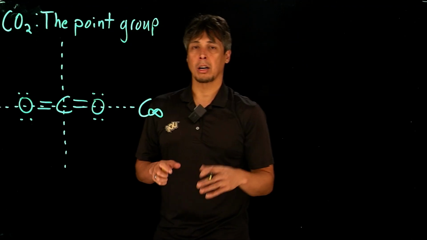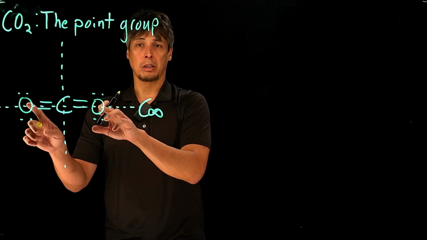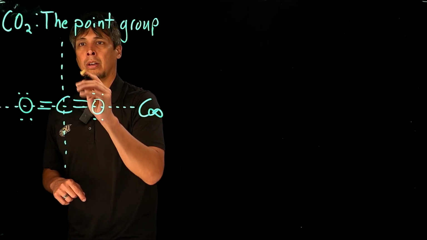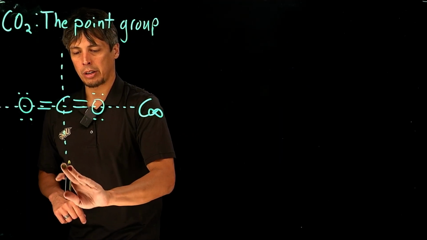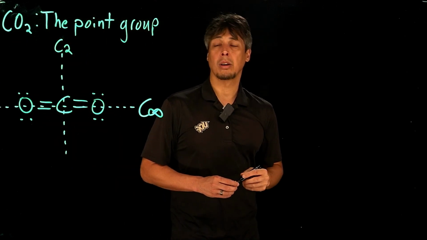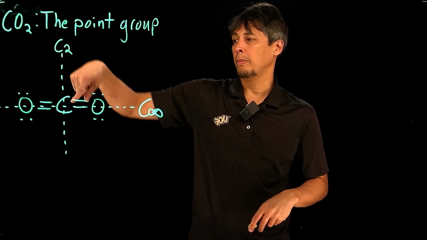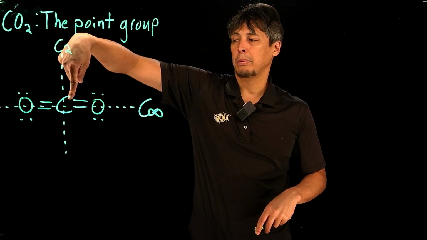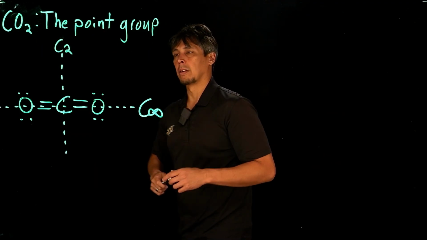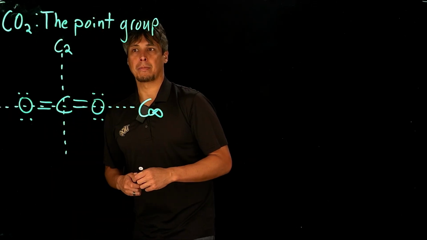In the end, there's still an oxygen atom in the place where there was an oxygen atom before, and of course the carbon has not moved at all. So we retain the symmetry of the molecule, and we have a C2 axis. There are infinite numbers of these because we can put the C2 axis within the plane of the board like we have drawn, perpendicular to the board, or anything in between, and we're still going to exhibit the same symmetry. So we have an infinite number of these C2 axes.